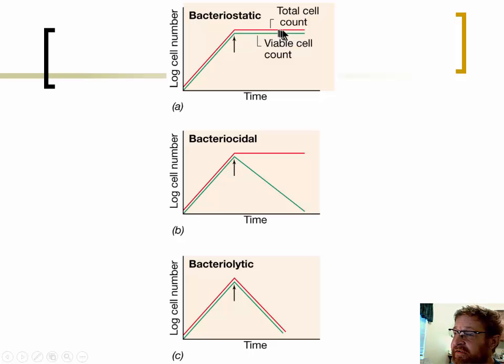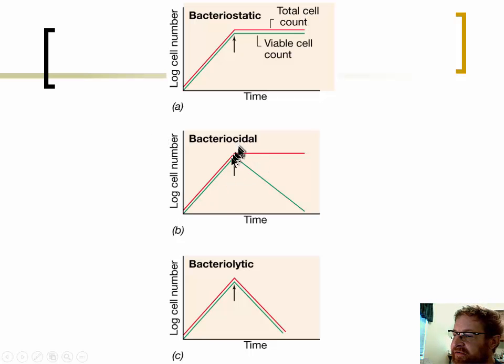The total number of cells you can see and the cells that are viable are exactly the same. In the static case, we're just trying to keep the cells from dividing more. Now, in a bactericidal system, the total number of cells you'll see remains constant, but the number of cells that are alive decreases.